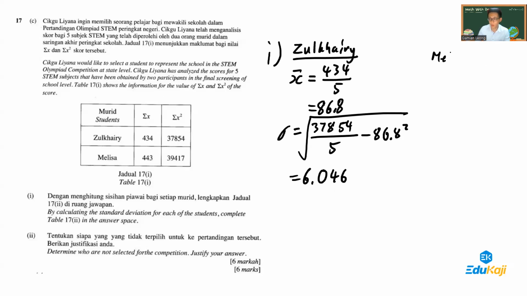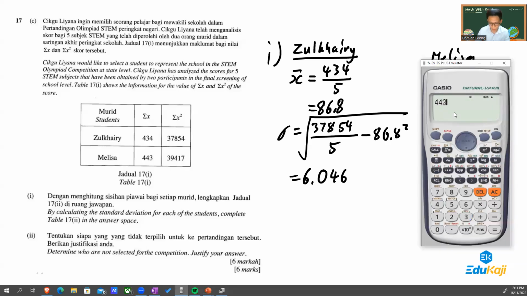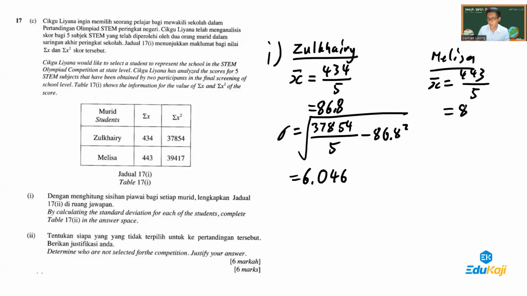For Melissa, the mean is 443 divided by 5, 88.6. And standard deviation, square root of 39417 over 5 minus 88.6 squared.